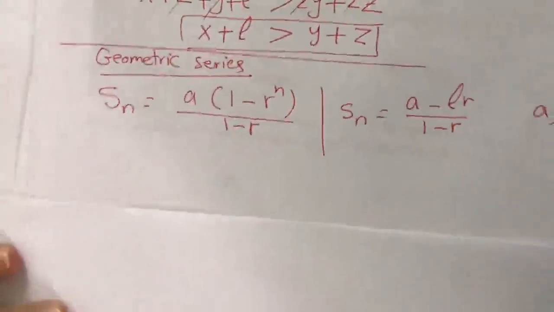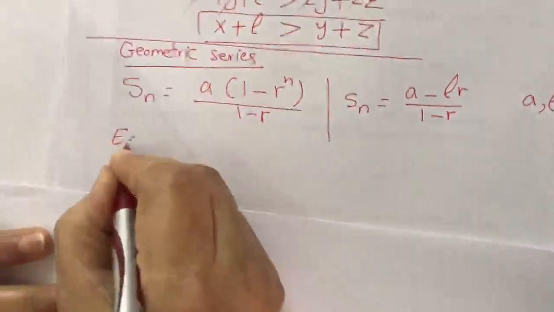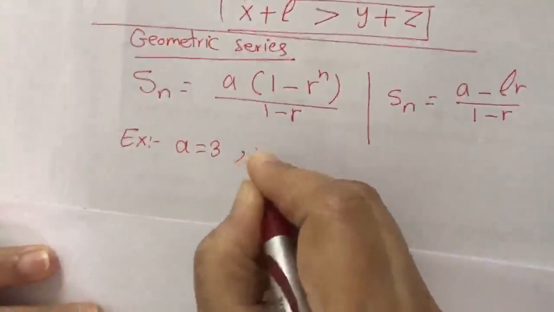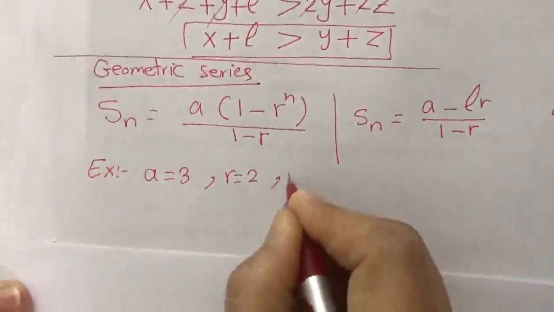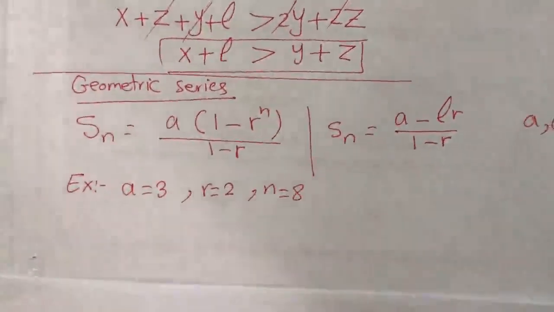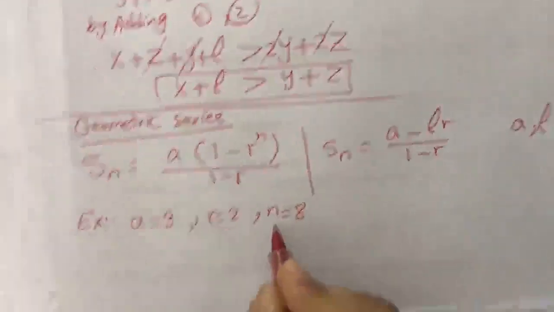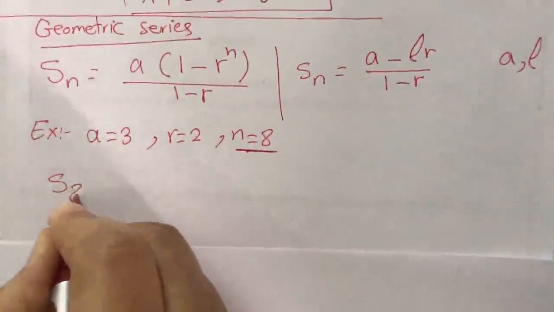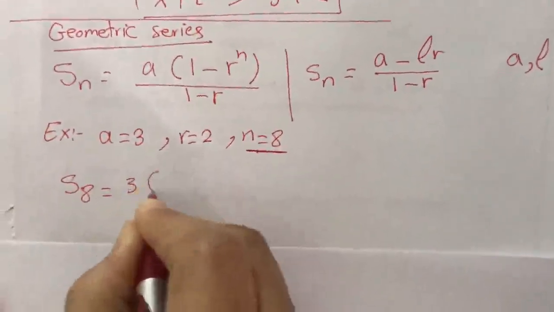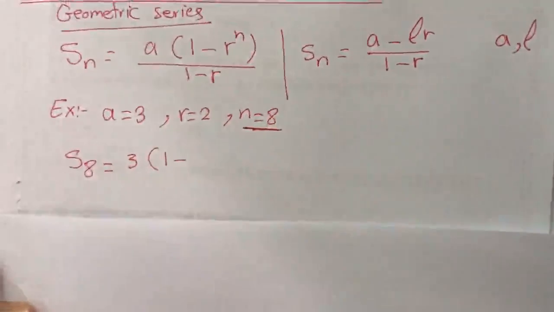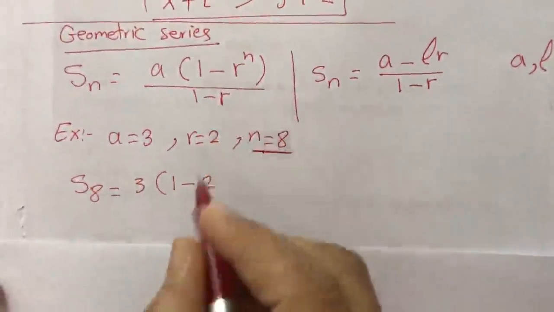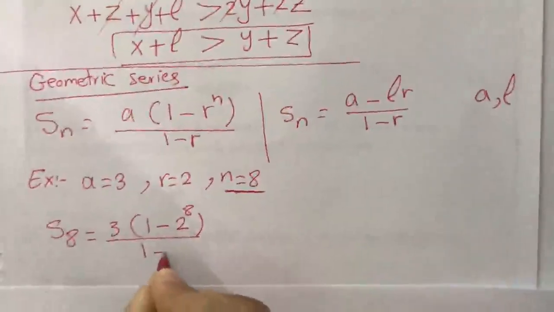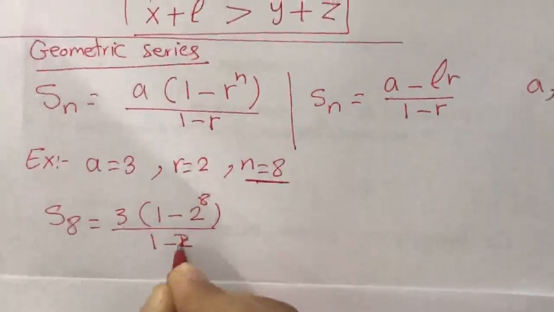Okay, if he gives you, for example, a equals 3 and r equals 2 and n equals 8 and asks you to find the sum. This is the sum of 8 terms. So S8 equals a, here is 3, and 1 minus r, 2 to the power of 8, over 1 minus r, it means 1 minus 2.